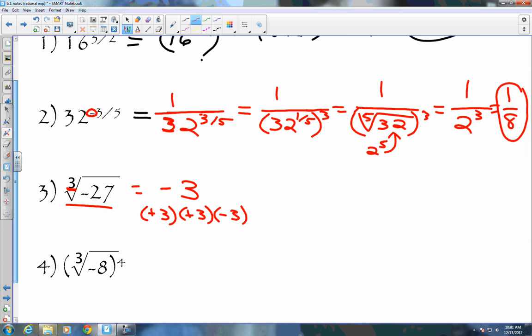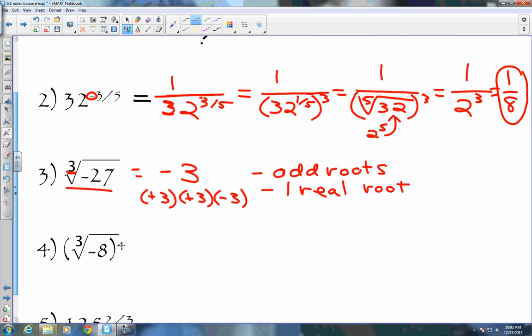If it's positive here, it stays positive out there for odd roots. So odd roots always have one real root. It's going to be different for even ones, and I'll look at that here in just a minute.